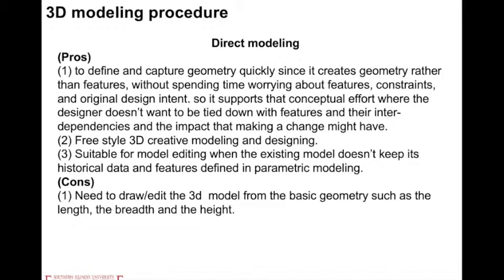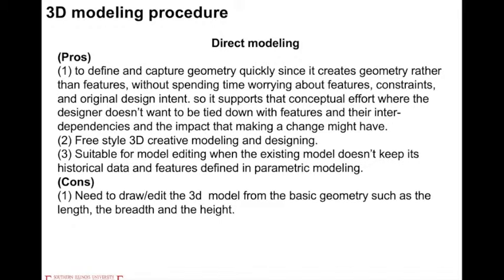So in that case, when you receive this model from the designer, maybe they just want to protect their design details. You only have the boundary, and based on this boundary, the only choice is to do direct modeling. You don't have any model behavior or object behavior.